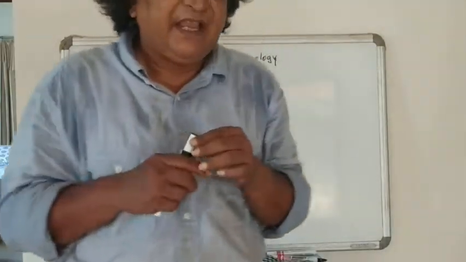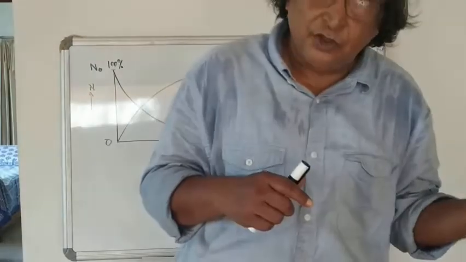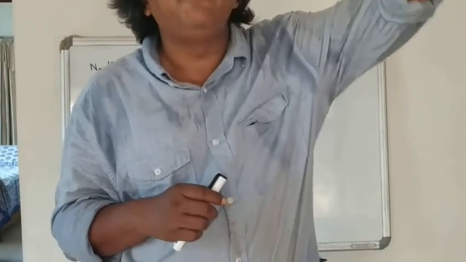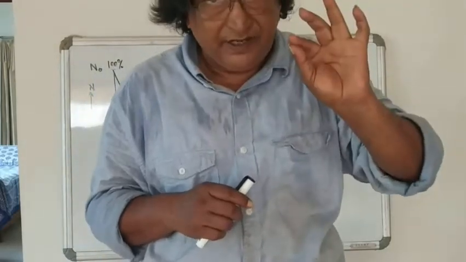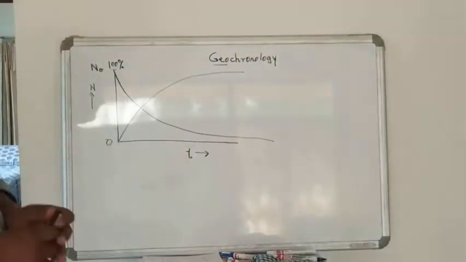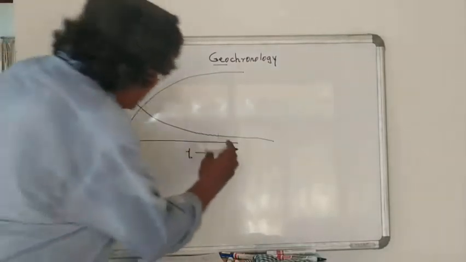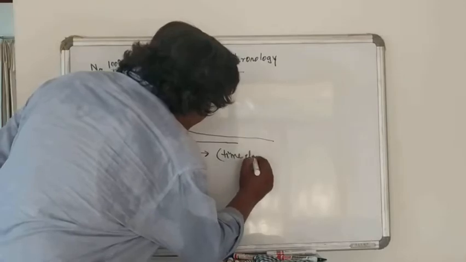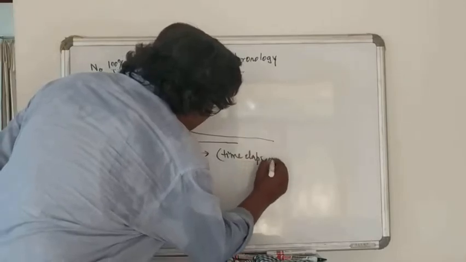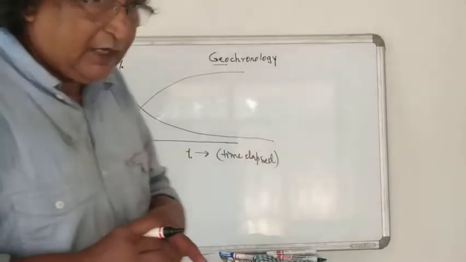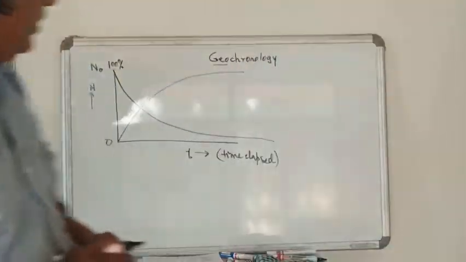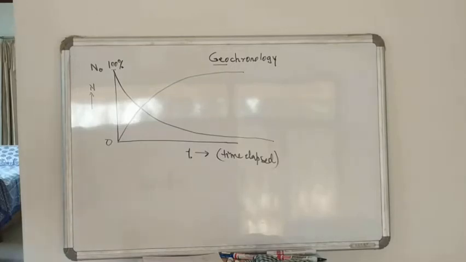Or if I say you are 20 years old, it means from the time of your birth till now it's 20 years. Similarly here, this time is called time elapsed. It's not something going forward, but going backward, from backwards to now.